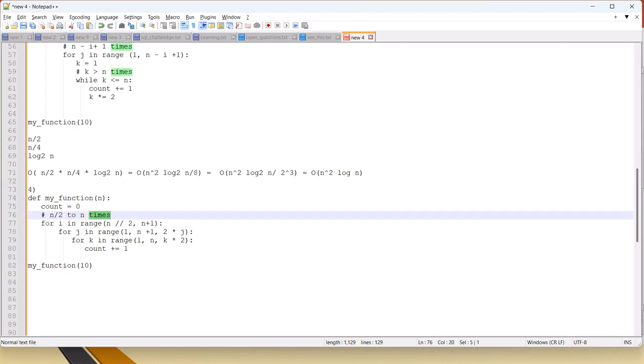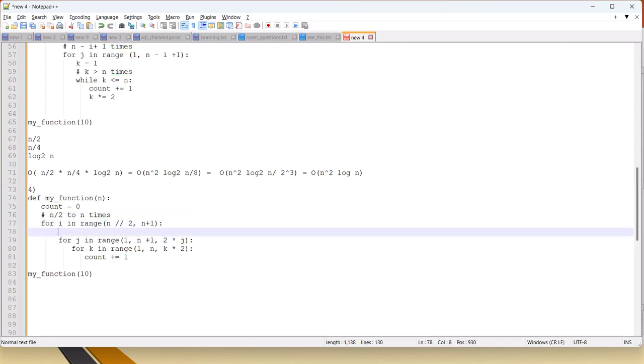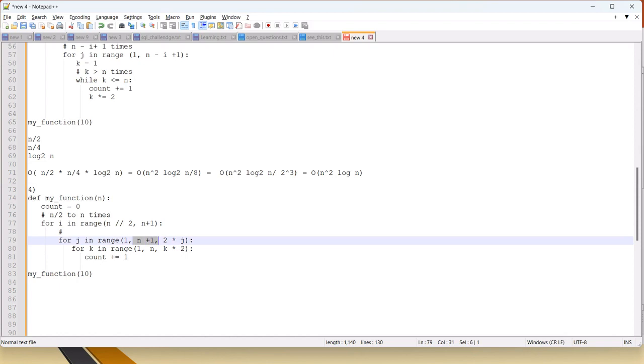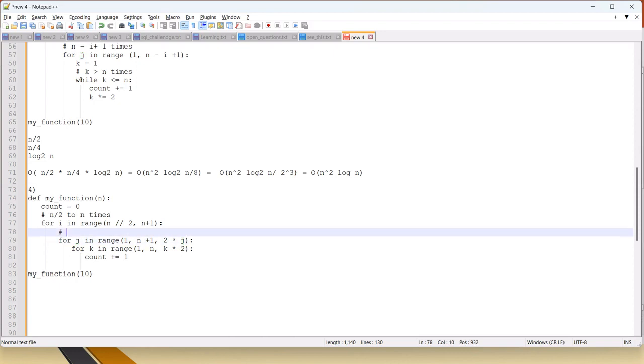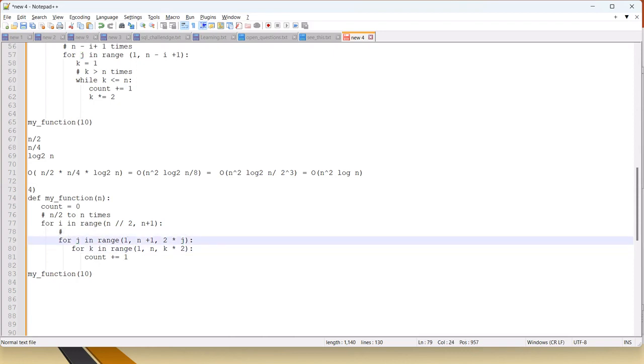Next, how many times will this inner loop run? This loop will run for n with step 2 into j. If j is starting with 1, as you see here it's given as 1, then it doubles each time, which means again it became the half of it, correct?